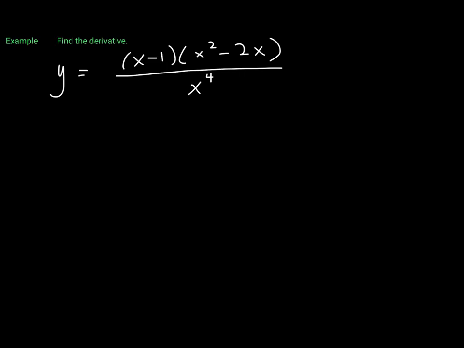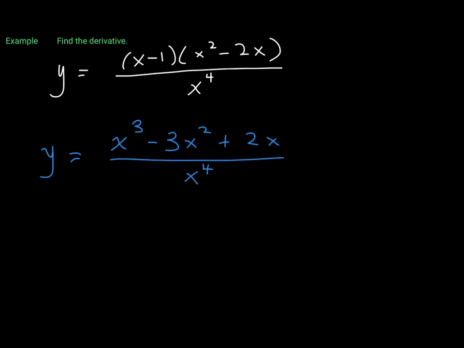and maybe it'll be easier. All right, so then if I simplify first, I'm going to expand the numerator. It'll be x cubed minus 3x squared plus 2x. That's the numerator, all over x to the fourth. This already looks simpler.